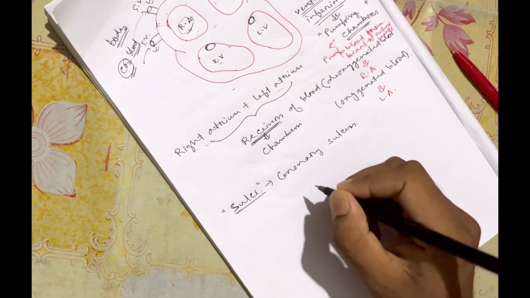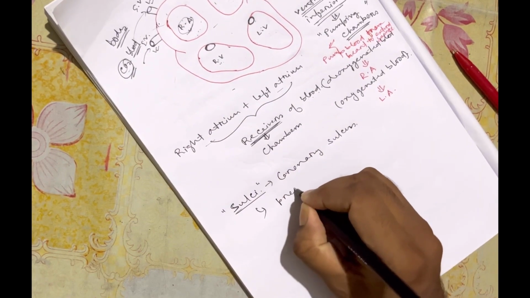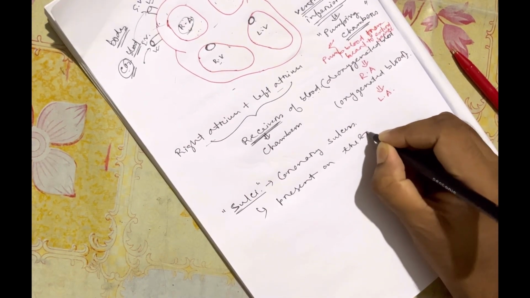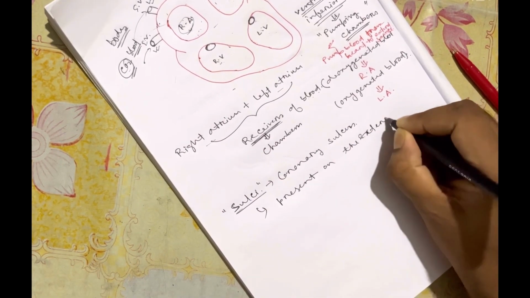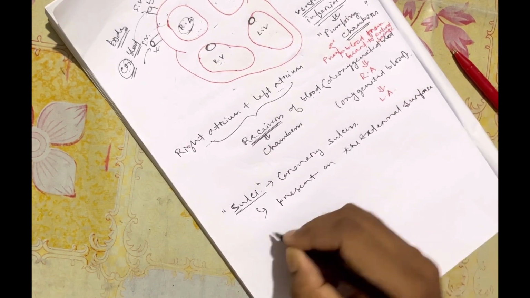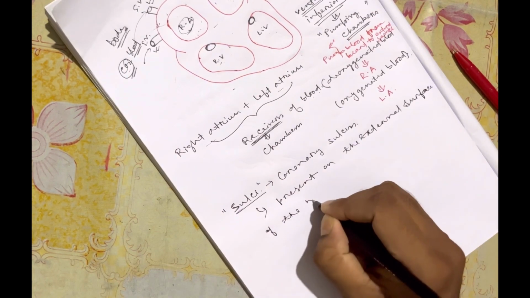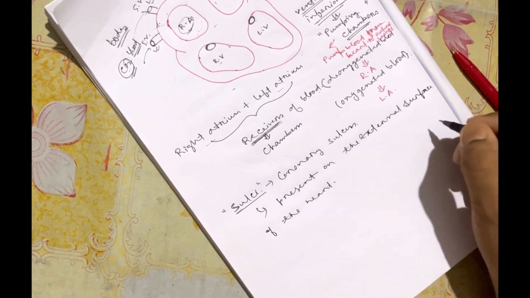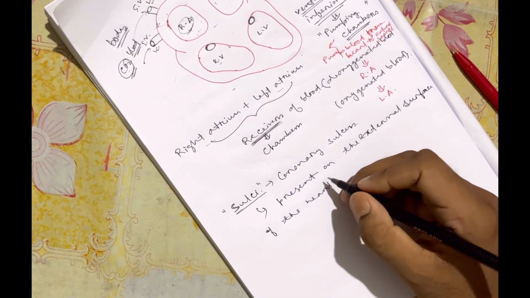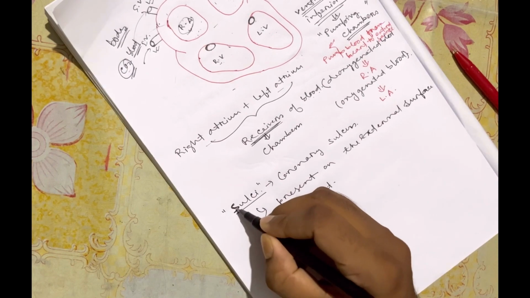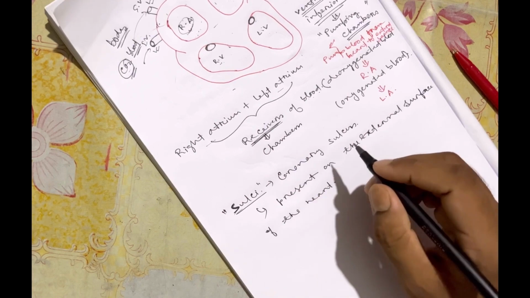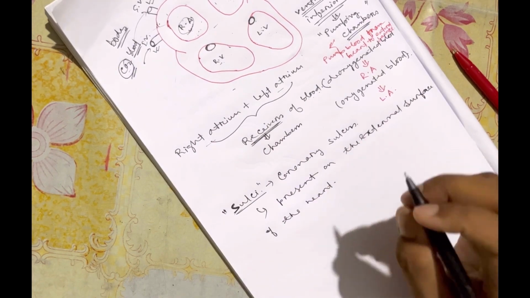The coronary sulcus is present on the external surface of the heart. We know that sagittal and sulci are terms basically associated with the brain, but these sulci, groove-like structures, are also present on the external surface of our heart.